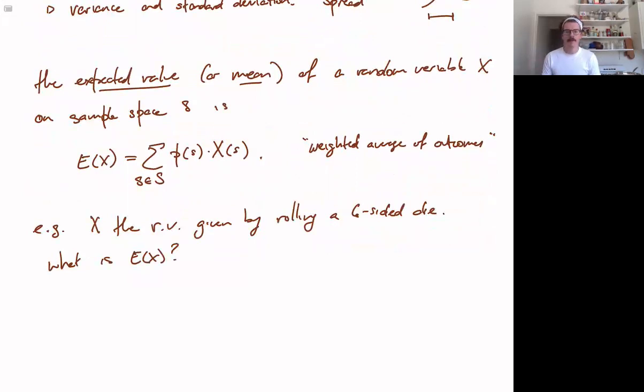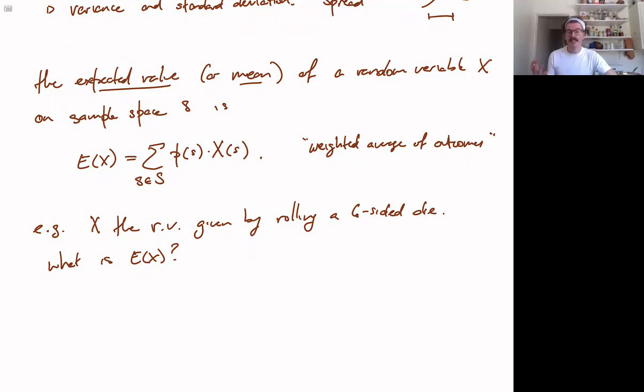Intuitively, we expect it to be, like we were saying, the center of the distribution. So when we're rolling a 6-sided die, what is the sort of average result we can get? Well, the results are the numbers 1 through 6, and the average of those is 3.5.